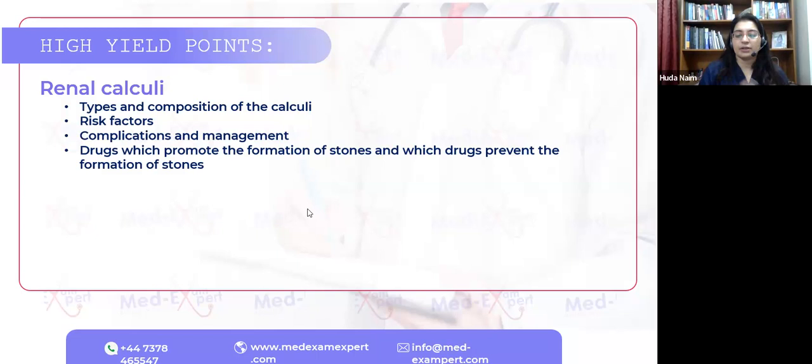You may be asked which are the drugs that promote stone formation and which are the drugs which prevent stone formation.